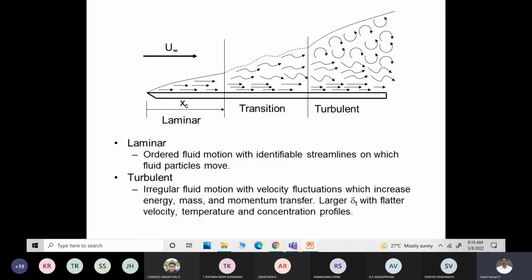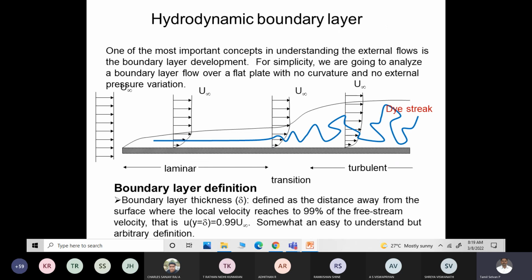In turbulent flow there is a zigzag motion of the fluid particles, irregular fluid motion with velocity fluctuations, and a larger thermodynamic boundary layer thickness with flatter velocity, temperature, and concentration profiles. Similarly, we have the laminar region, transition region, and turbulent region.